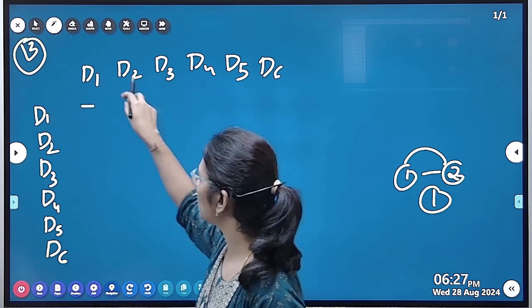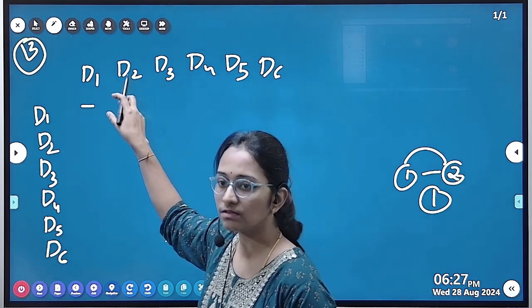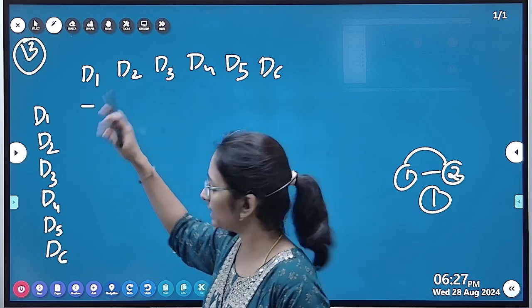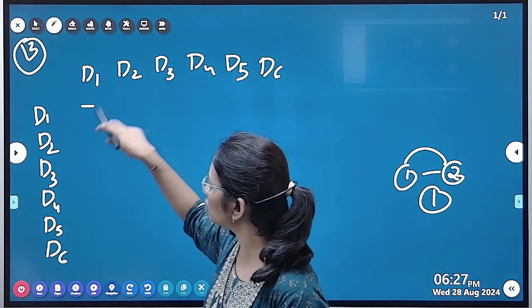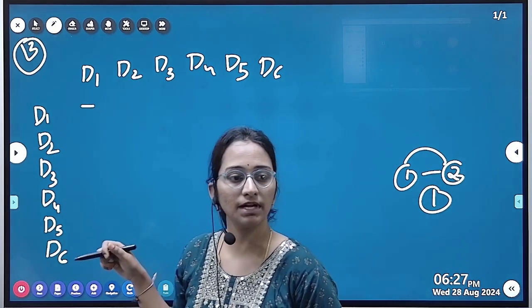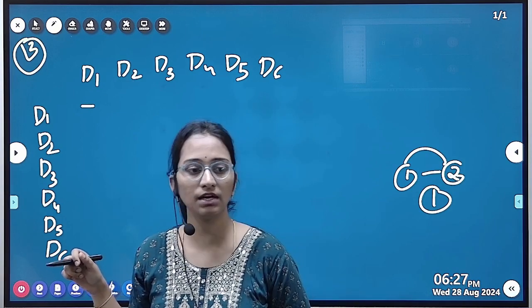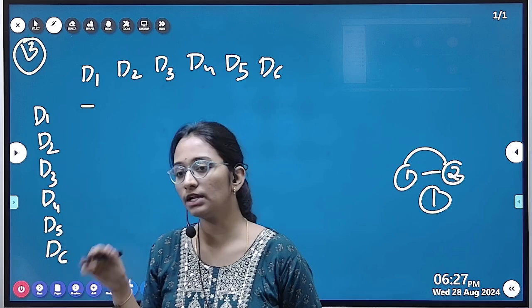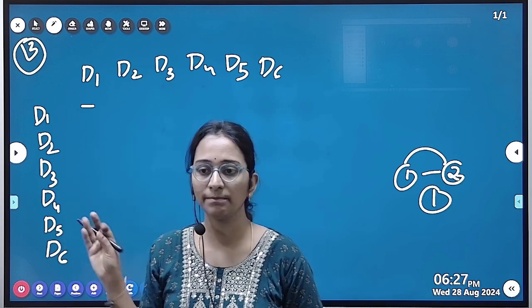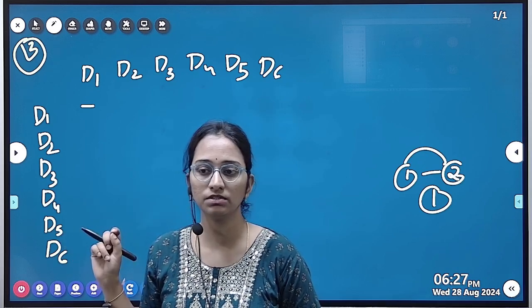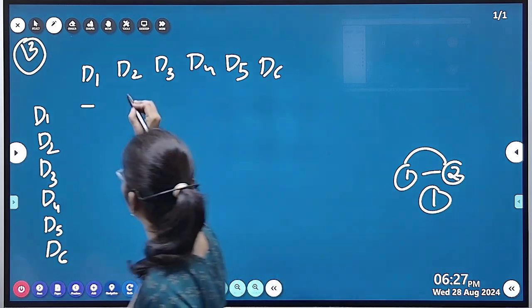From department 1 to 2, 10 patients are traveling, and from D2 to D1, 8 patients are traveling. So the total number of patients traveling between D1 and D2 is how much? 18. Okay.